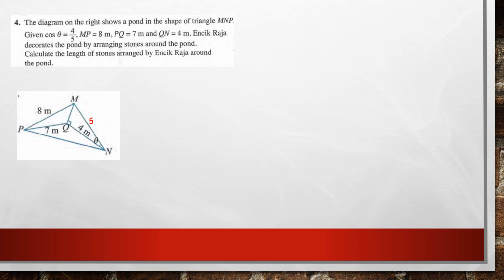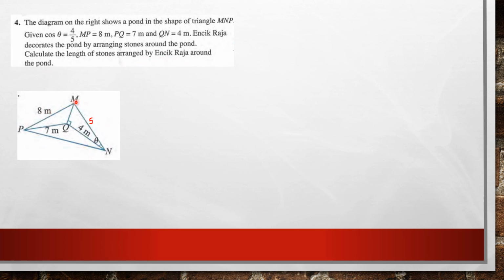MP is 8, PQ is 7, QN is 4, given. Encik Raja decorates the pond by arranging stones around the pond. Around the pond means MP, PN, and MN. So calculate the length of stone arranged by Encik Raja around the pond.